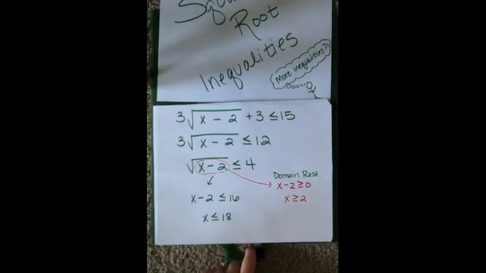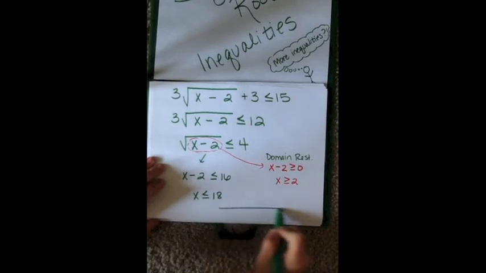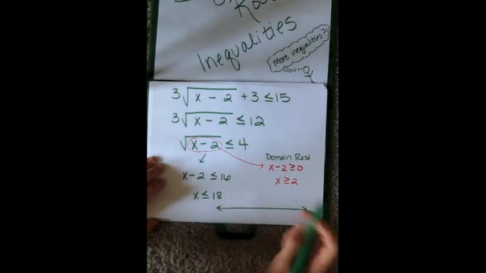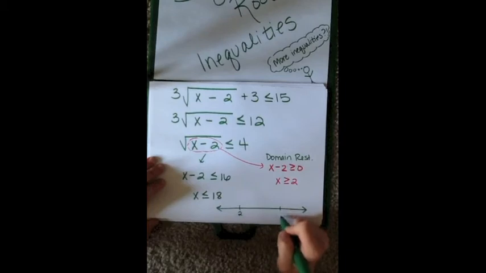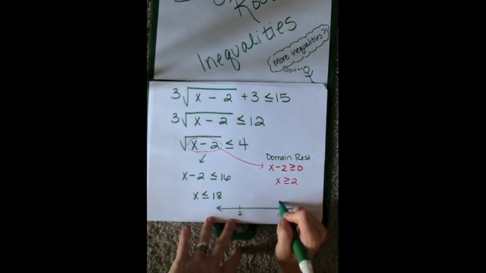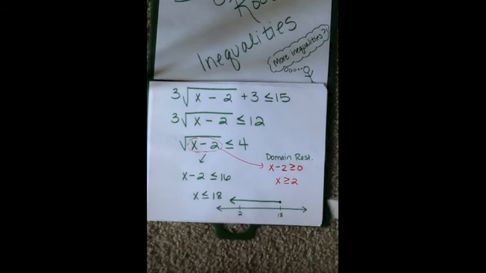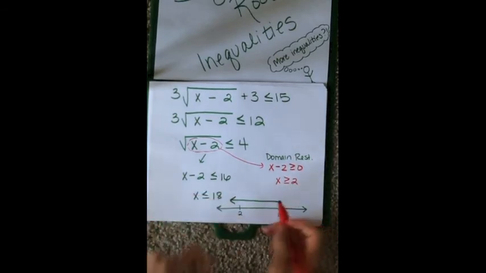To make sense of this, number lines can be helpful also. So I have 2, I have 18. So I know that it's less than or equal to 18. So all of that. And I know that x has to be greater than or equal to 2.